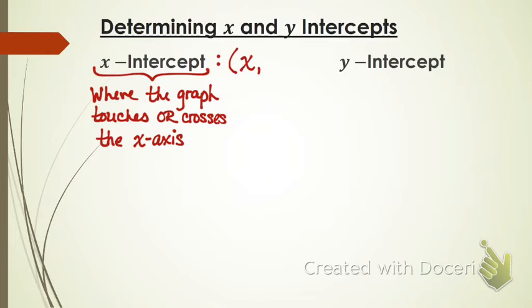X-intercepts are going to have wherever it touches the x-axis first, but the second part of the ordered pair will always be what? 0. So if I want to find my x-intercepts, we're going to let y equal 0, because that's always going to be the y part of that ordered pair. And then we'll solve for x.